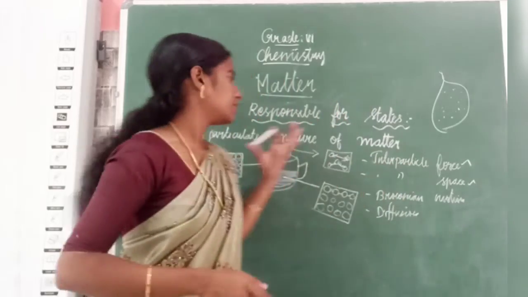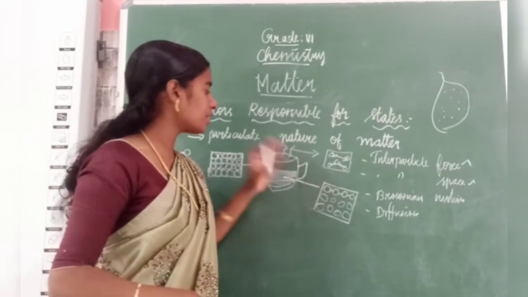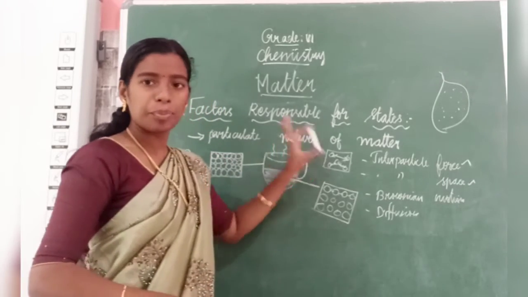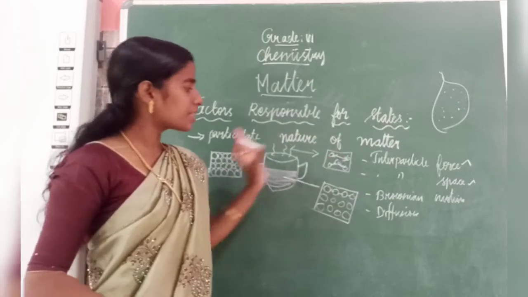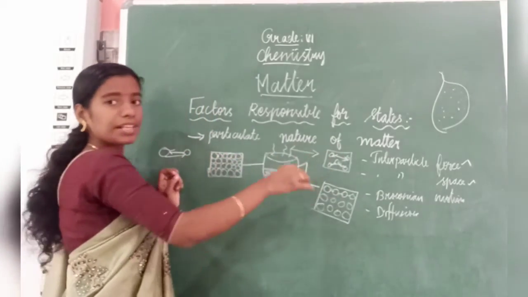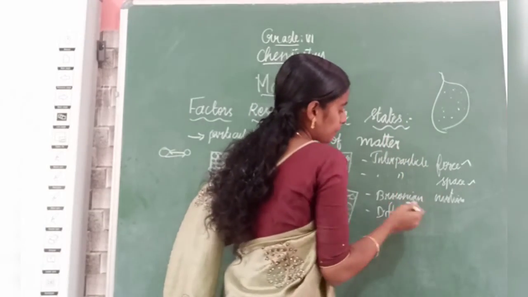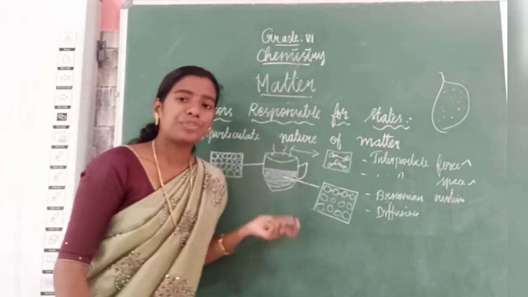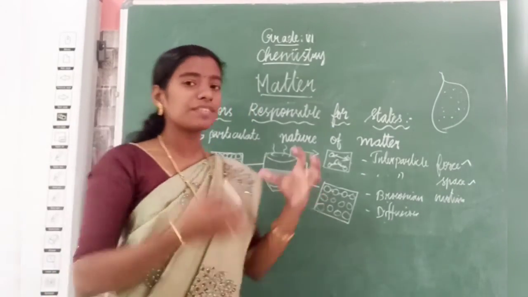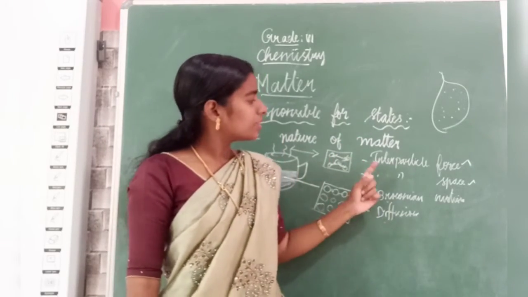And about the particulate nature of matter, depending upon the matter we have three states: solid, liquid and gas. The arrangement of atoms in these three states depends on four factors: interparticle force, interparticle space, Brownian motion and diffusion. Interparticle force is the force between two atoms to attract or repel.